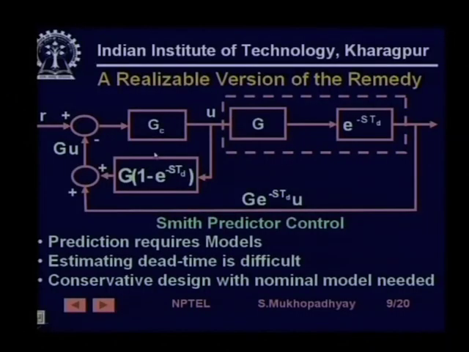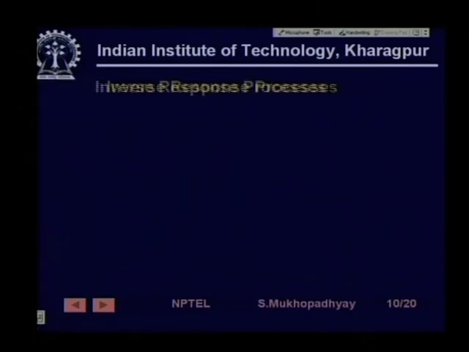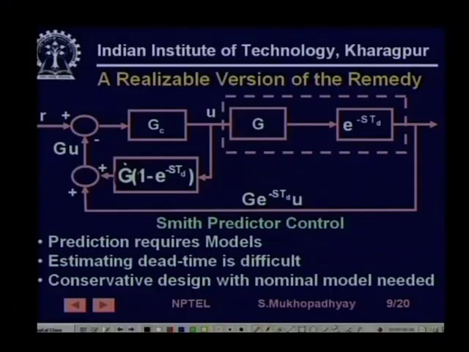Now how are these things overcome here? So here also, if this G and this TD, this has to be selected as black.